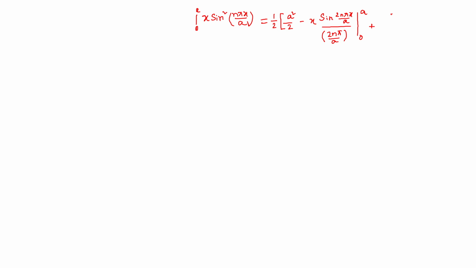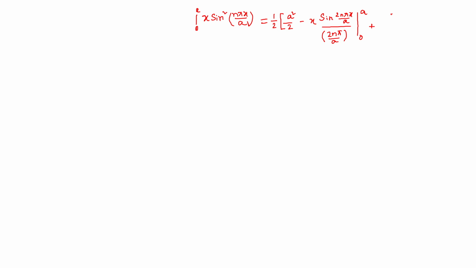Just like sine 2 pi, sine 4 pi is sine 0, cos 2n pi, or cos of an even multiple of pi, will be just like cos 0. You can write its value, it's nothing but 1.